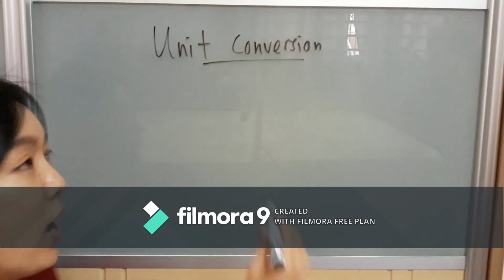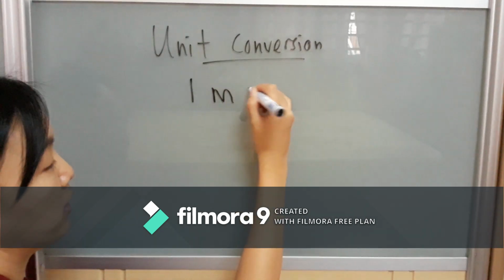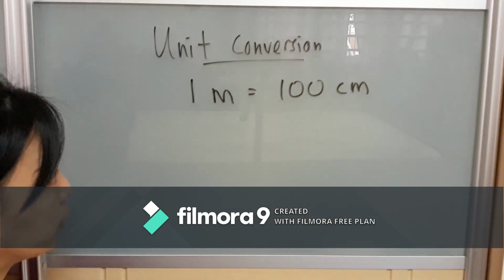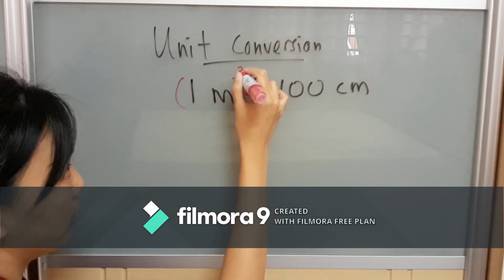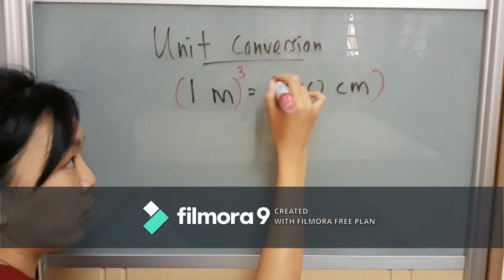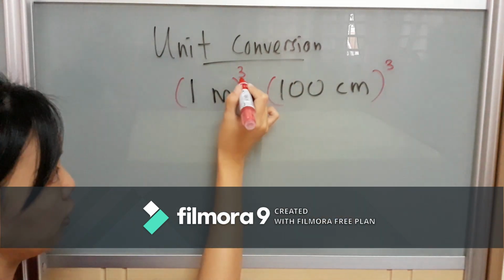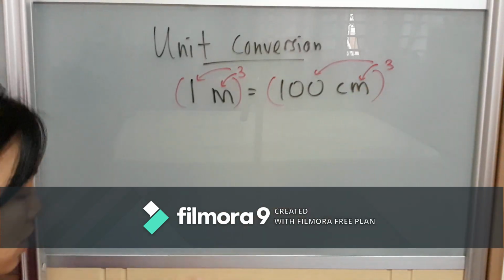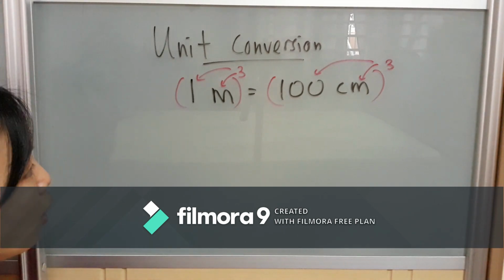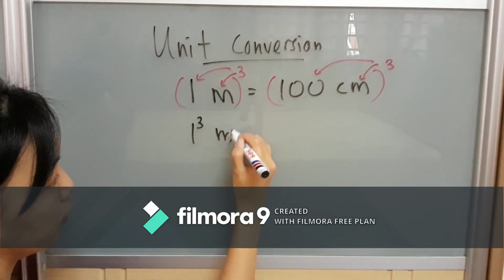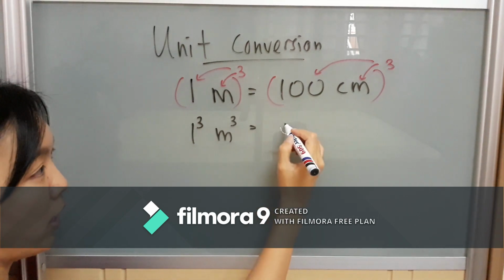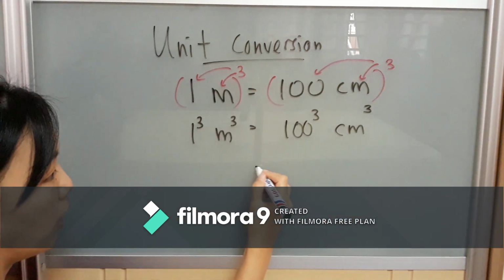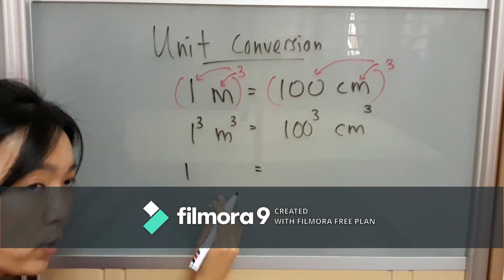What if I put my 1 meter equals 100 cm on the cube? If I'm going to put cube here, I'm going to cube on the left and I'm going to cube the right. Same thing, cube has to come to the number and to the unit. So I'll have 1 cube, m cube. Here I also have 100 cube, cm cube. 1 cube in the calculator, I'll get 1 times 1 times 1 equals 1.